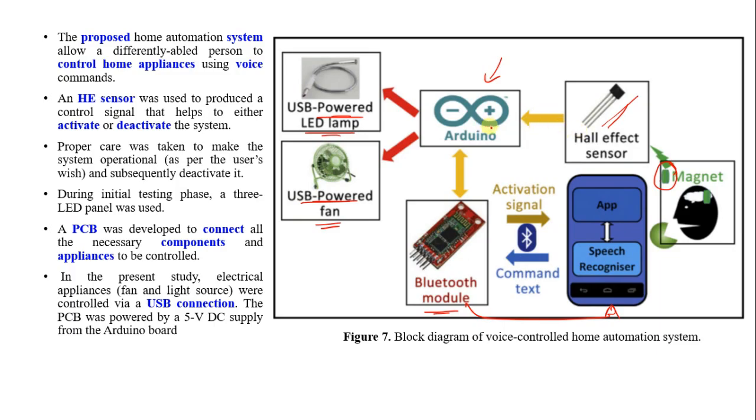As this activation signal is sent to the mobile, the Google speech recognizer is activated, and then you speak the command. Once the speech is recognized, it sends the command text to the Arduino through the Bluetooth module, which has the information on what to do with the terminal devices. Then accordingly, it will turn on the devices.